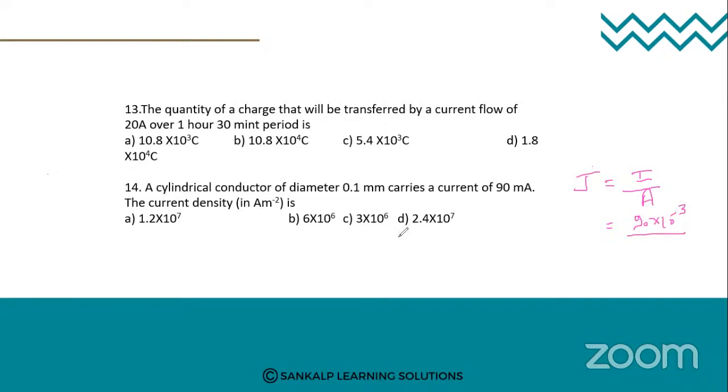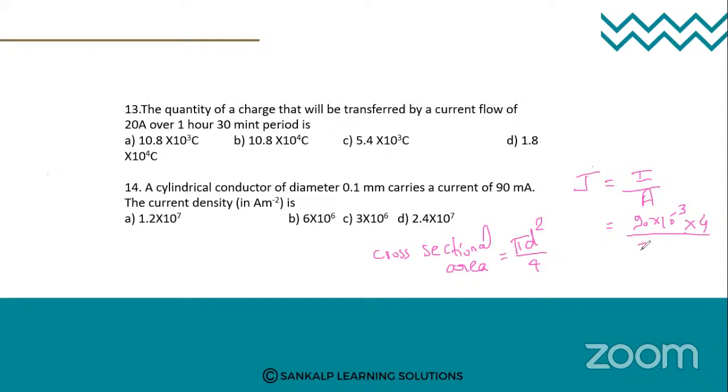So for a cylindrical conductor, the cross-sectional area of that conductor is given by pi d square upon 4. So now if I write pi d square upon 4, the 4 will go in the numerator.